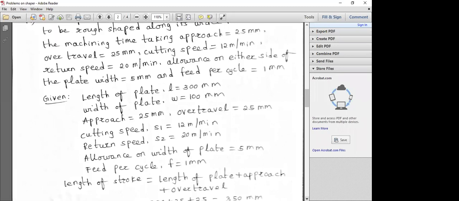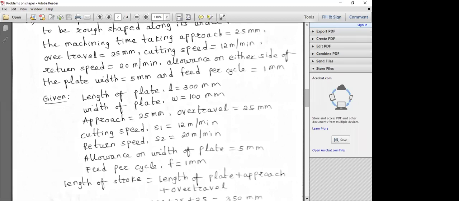Over travel is very important. You don't take the tool just after it finishes the edge of the workpiece; it will rub, so you have to go for some over travel distance, whatever is given in the problem.